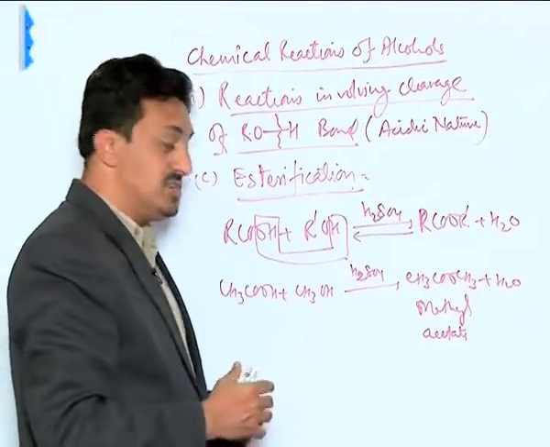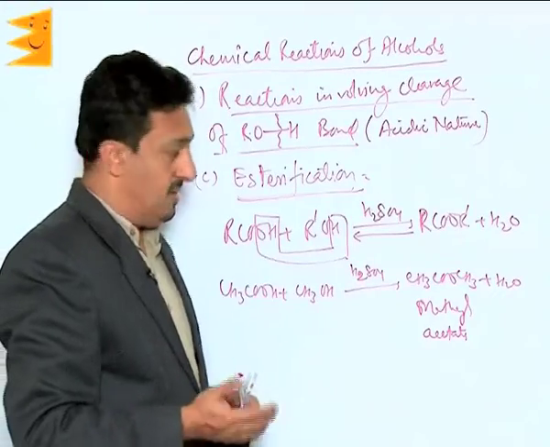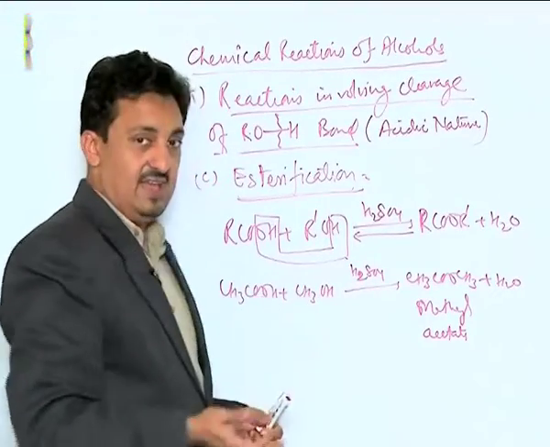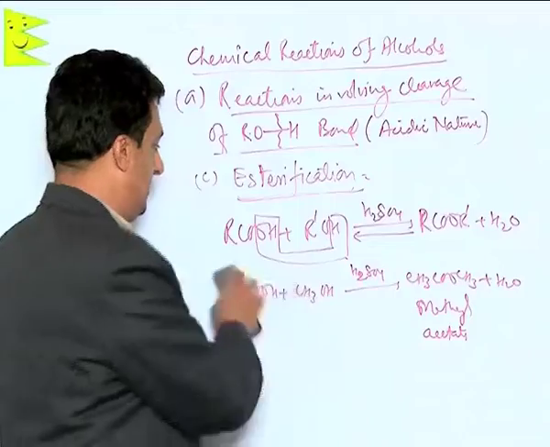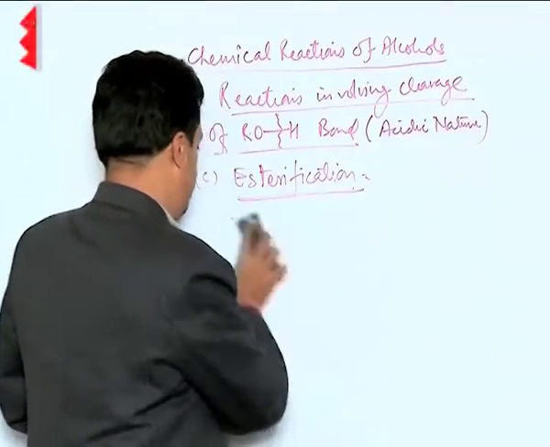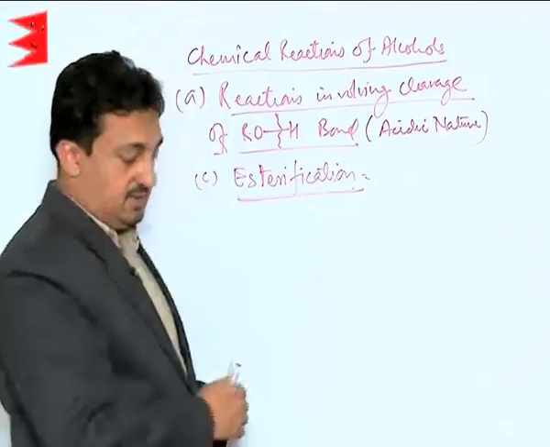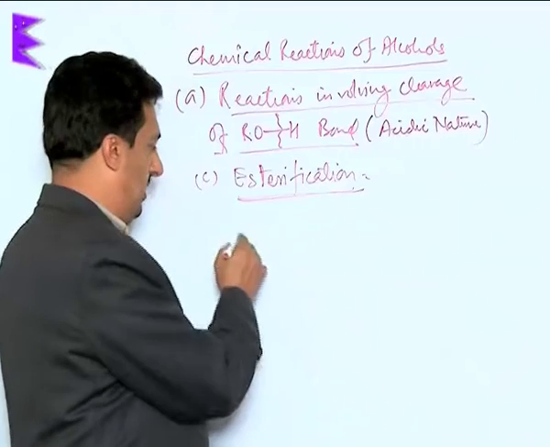The same esterification can also be done in place of taking acids. We can take anhydrides also. Like, let me give you an example of this one. We can take alcohol or phenol.